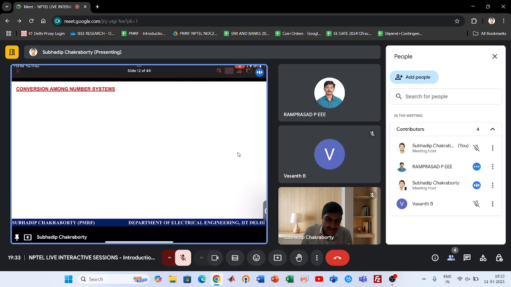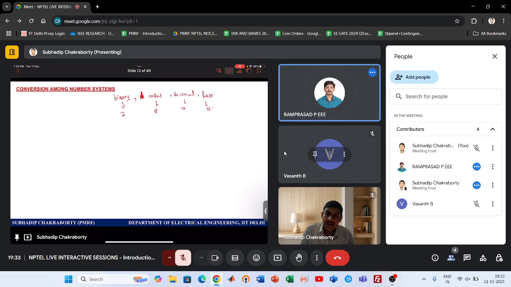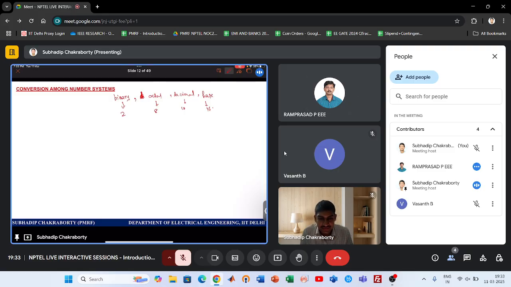So now we saw various number systems: the binary, which has a base of 2, the octal, which has a base of 8, the decimal, which has a base of 10, and hexadecimal, which has a base of 16. So now we know we have 4 different types of number systems that we are dealing with, right? But we have to learn the operations to convert or interchange among the various number systems.